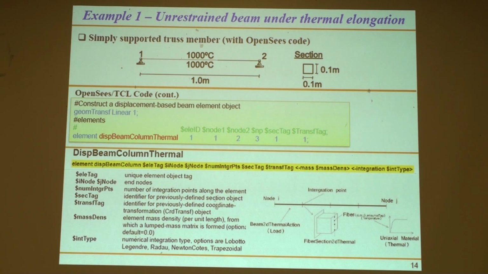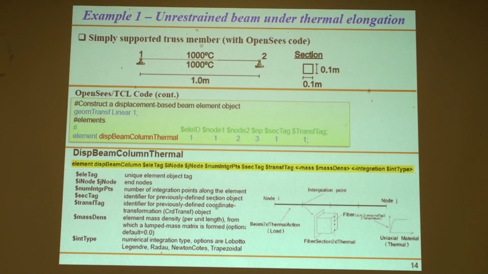And then as you move forward developing your model, you need to construct your geometric transformation. We're going to use linear, just for this very simple case, because this is a thermal elongation problem. And then your displacement beam column thermal, and you have element ID, initial node, end node, number of integration points.